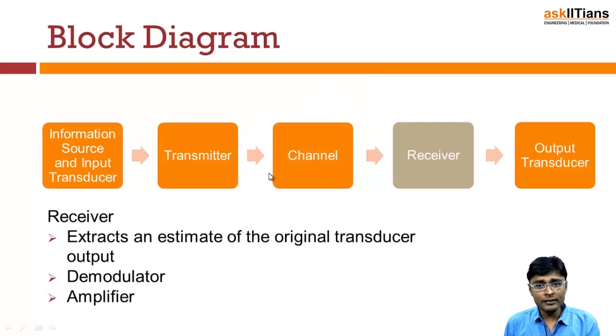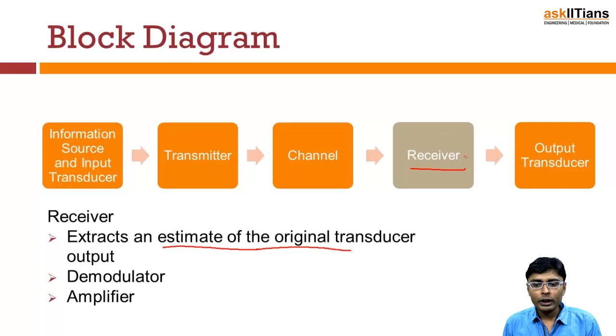If you see the receiver, it basically extracts, or does an estimate of, the original transducer output. That means the receiver receives the signal from the channel and tries to estimate what the transmitter has transmitted, or what the input transducer has transmitted.